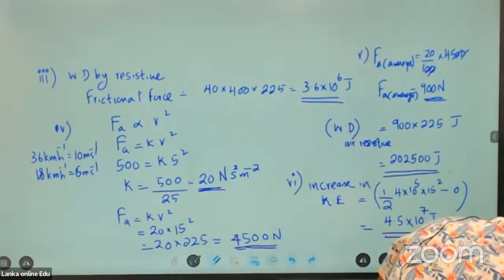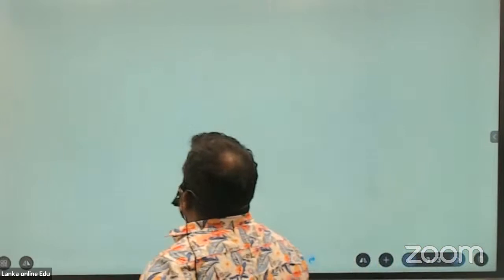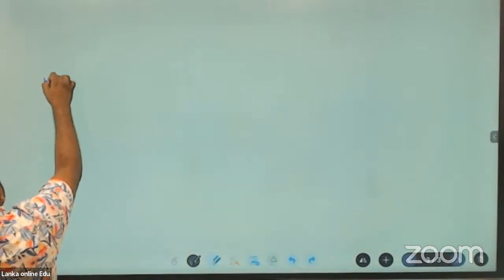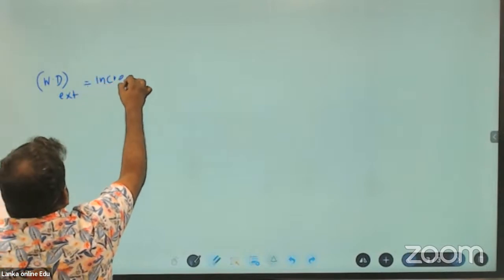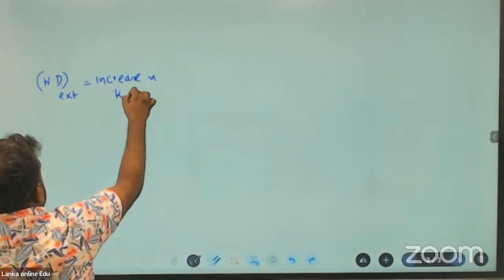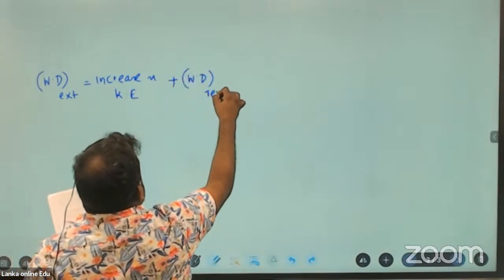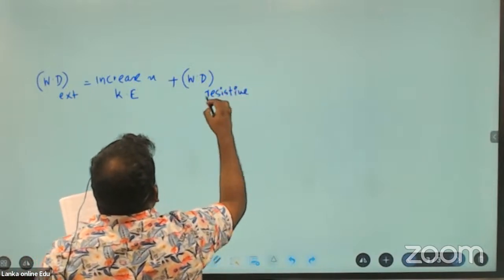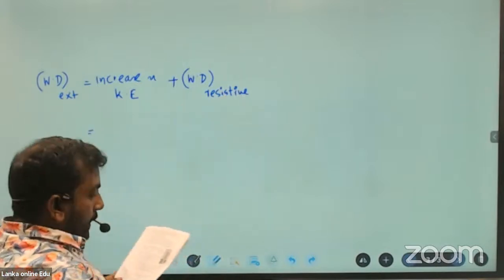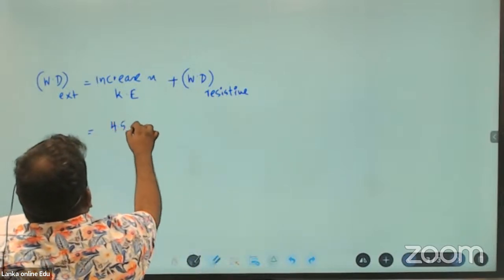Work done by external force. Let's apply the work energy principle. Work done by external force equals increase in kinetic energy plus work done by resistive forces. Increase in kinetic energy we have already marked, 4.5 10 to the power 7.